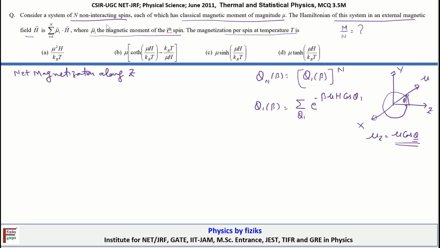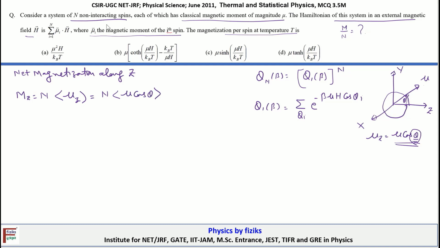If I denote the net magnetic moment as Mz, this will be equal to n times the average value of the mu_z component of the magnetic moment, because of the large number of values that are feasible for theta. So that is equal to n times the average value of mu cos theta.